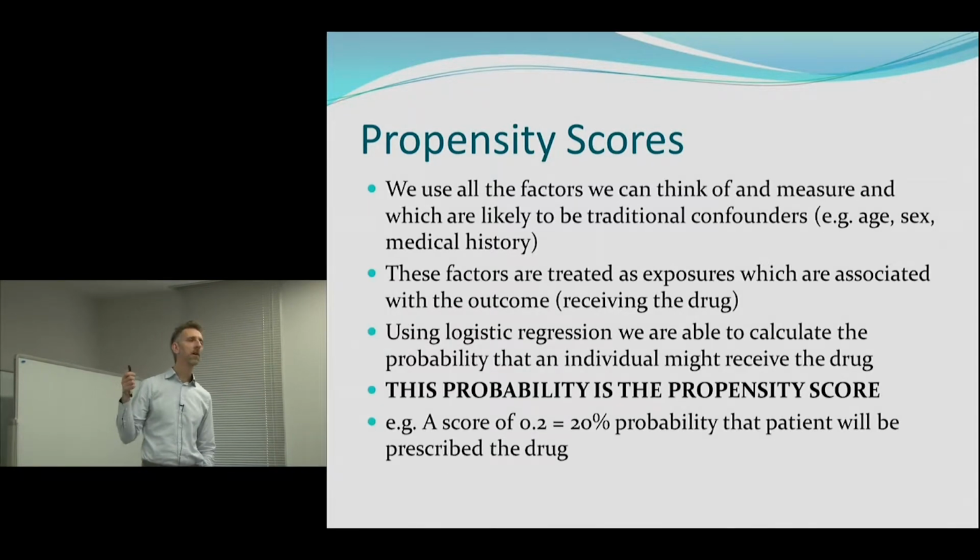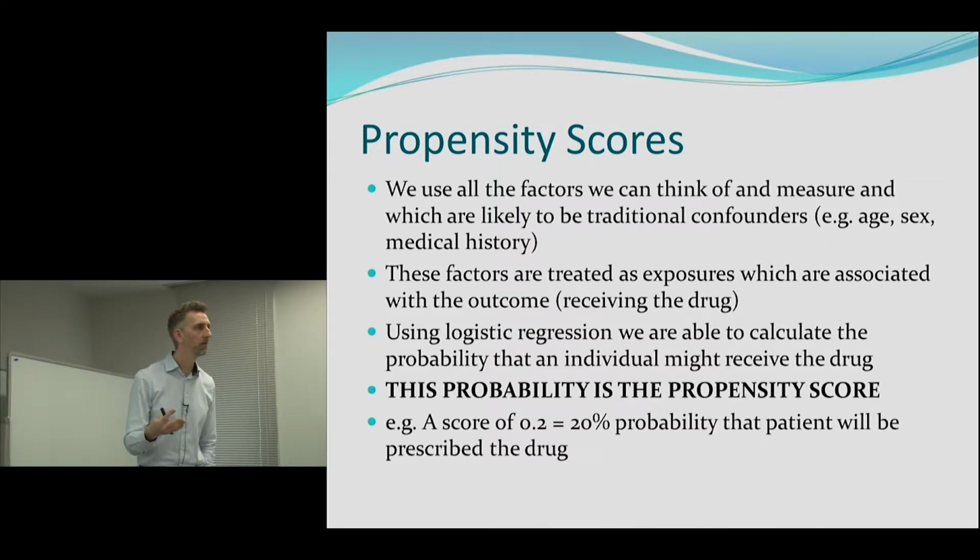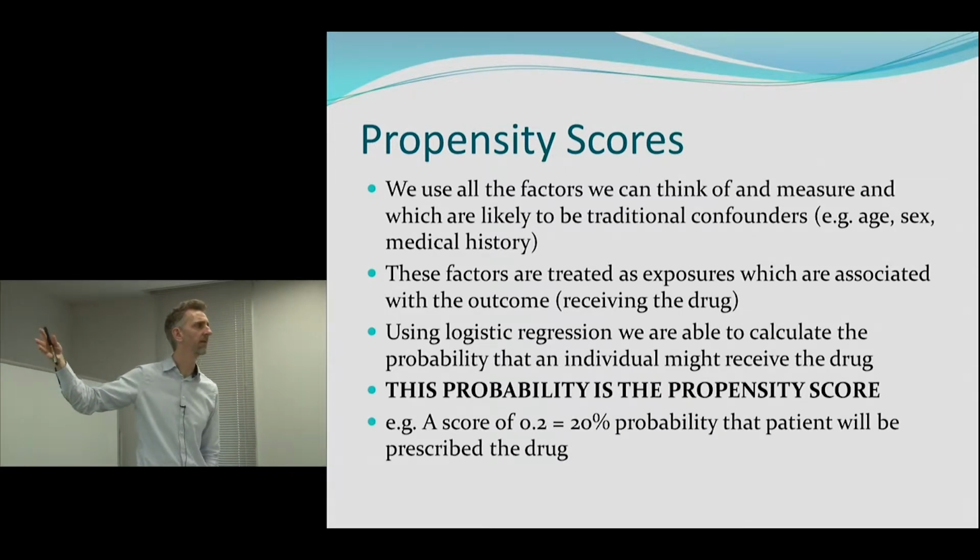So we think of all the risk factors we can, and we put them into a statistical model as exposures that may have led to the outcome, which is receiving a statin.